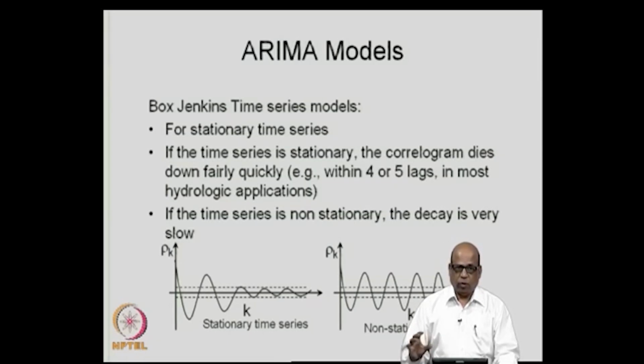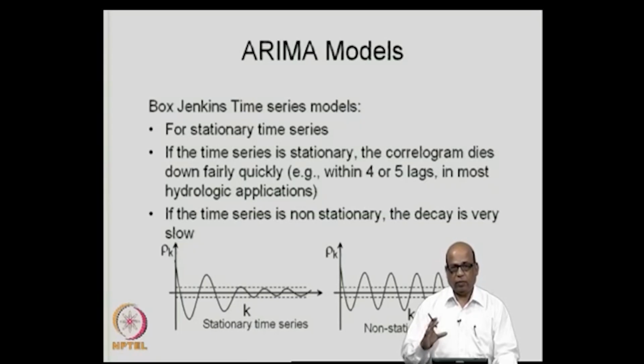If you look at the correlogram, if the series is non-stationary, then the correlogram decays rather slowly, whereas in the case of a stationary time series, the decay is quite fast. For example, here I have shown a correlogram of a stationary time series, where the decay is quite rapid, whereas for a non-stationary time series, the decay is rather slow, indicating that the dependence does not die down quickly, and therefore it becomes a non-stationary time series.